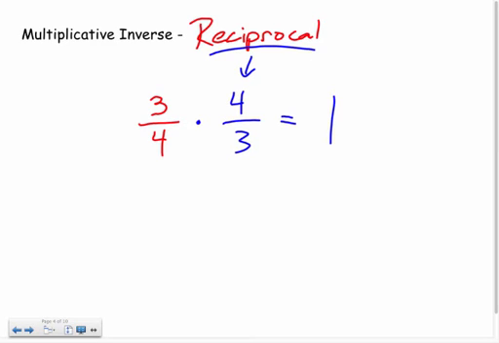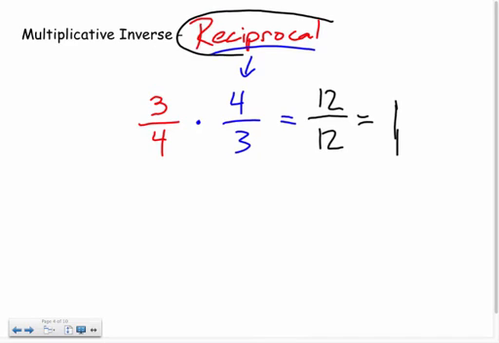Because if I multiply across, I get 3 times 4 is 12, and 4 times 3 is 12, which is 1. So a multiplicative inverse means a number times its reciprocal gives you 1, right? Just think reciprocal for multiplicative inverse. Okay?